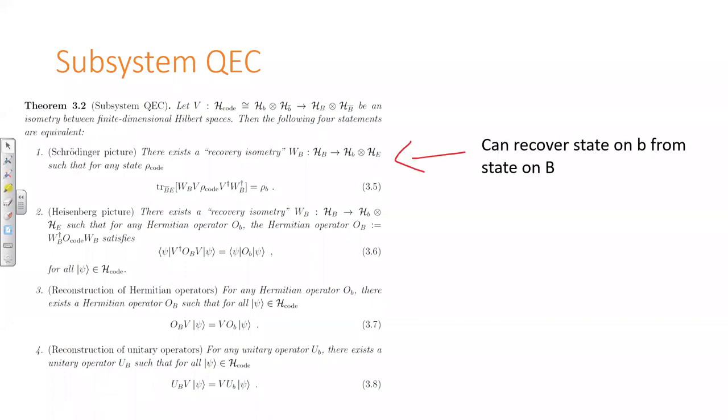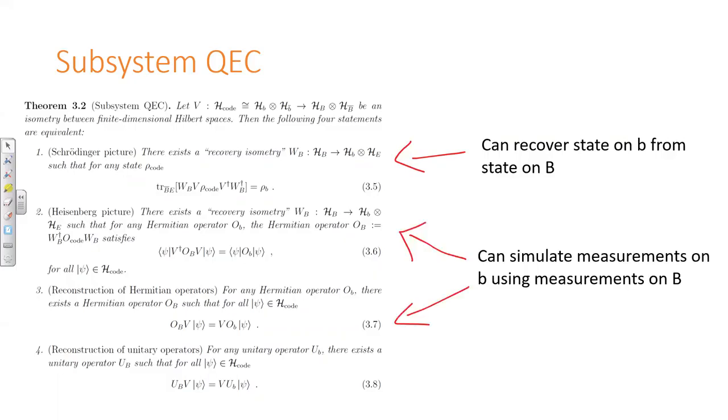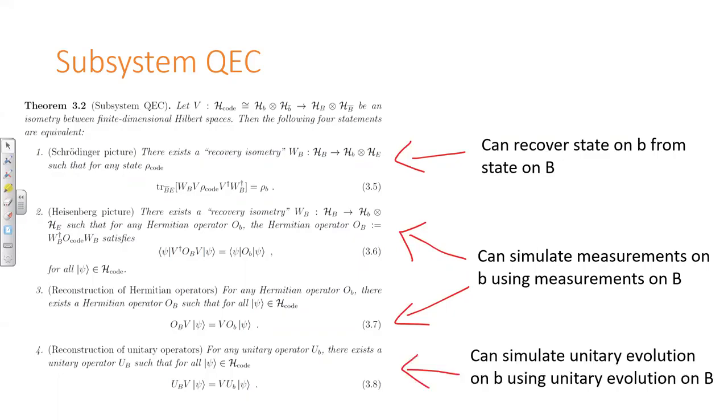It's again an exactly analogous statement, saying equivalent statements that measurements on big B can simulate measurements just on little b, but not all measurements on the code space now. And then finally, any unitary evolution just on little b, any u little b, can be simulated by u big B.